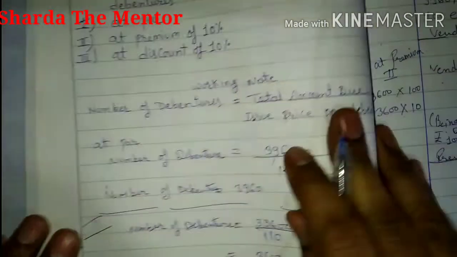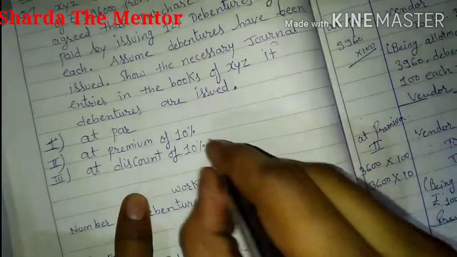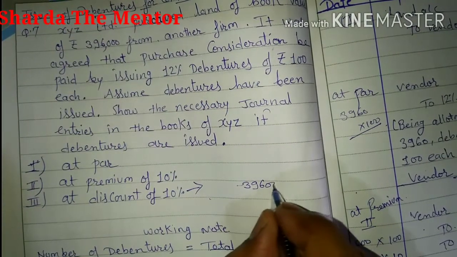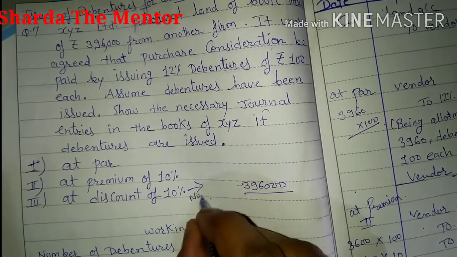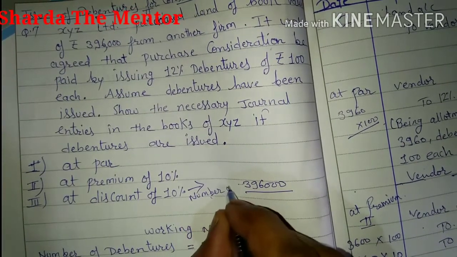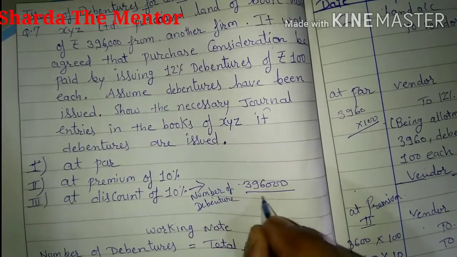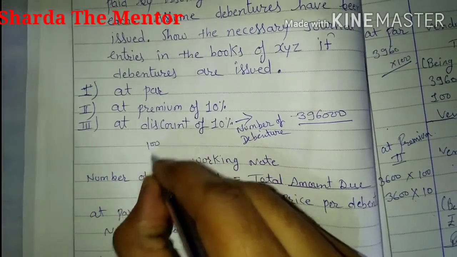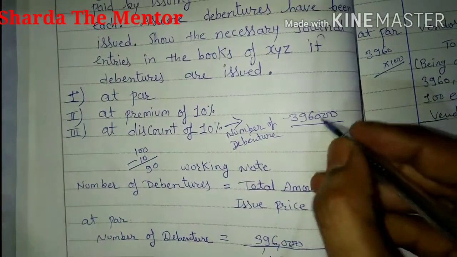Now, in the third case, it is given that the discount is 10%. So in case it is given discount at 10%, the amount will remain the same, that is 3,96,000, and we are here calculating the number of debentures. If I want to find out the number of debentures, and it is given in the question that the value is 100, and we know that we charge discount on the face value, so the remaining value is 90 rupees.